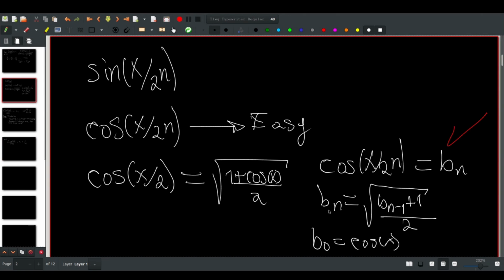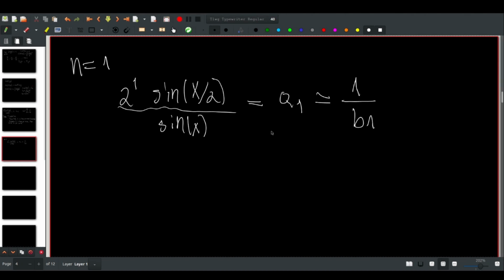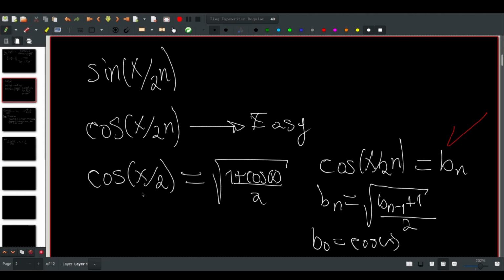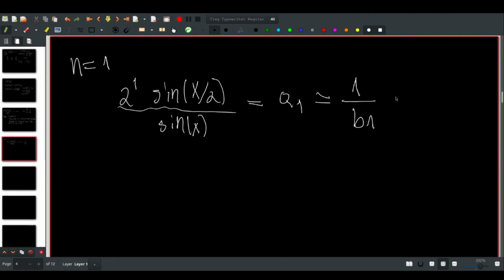We remember from before that b1 is computed in terms of b0, so it's the root of 1 plus the cosine, divided by 2. And we know what that is. That is essentially the cosine of x over 2. So this is equal to 1 over the cosine of x over 2. Right, okay, perfect.